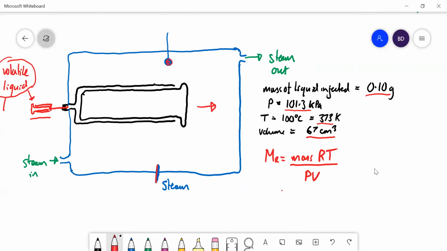Let's put the numbers in: mass 0.10, times 8.31, times temperature 373 Kelvin, divided by the pressure, 101.3 times 10 to the 3 pascals, and the volume. The volume is 67 centimeters cubed, so convert to meters cubed by dividing by a million: 67 over 10 to the 6. Let's work out what the Mr of that gas is then.